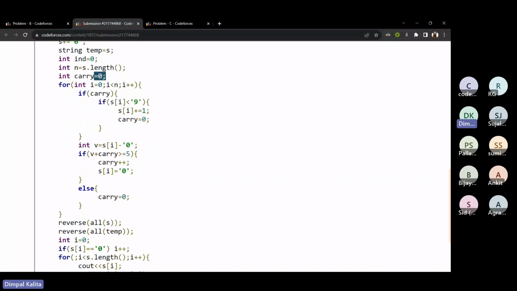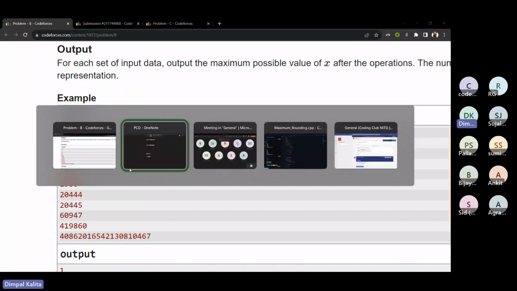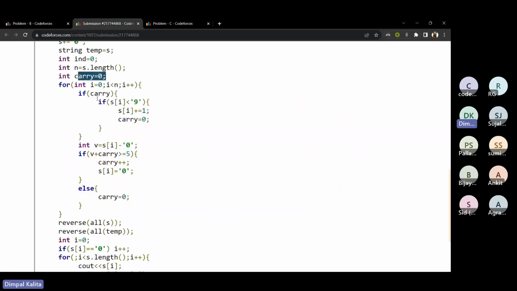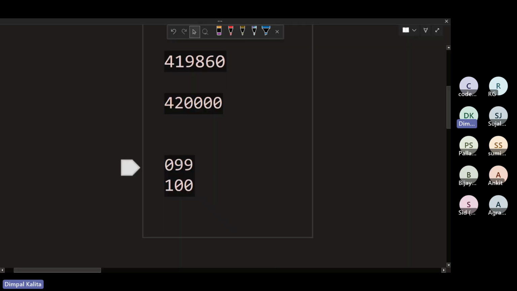Okay, next, this carry is for that carry part. Here, if I round it up till this 9, I'll get a carry of 1. I have to carry that to the previous index, so I have taken a variable carry. If the carry bit is on, like I have 1 carry, and I have 9, then the carry and the 9 will be added, and I will get 10.